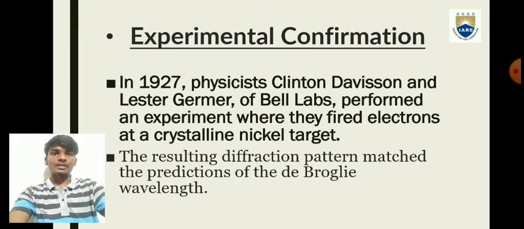Experimental confirmation. In 1927, physicists Clinton Davisson and Lester Germer of Bell Labs performed an experiment where they fired electrons at a crystalline nickel target. The resulting diffraction pattern matched the predictions of the de Broglie wavelength.